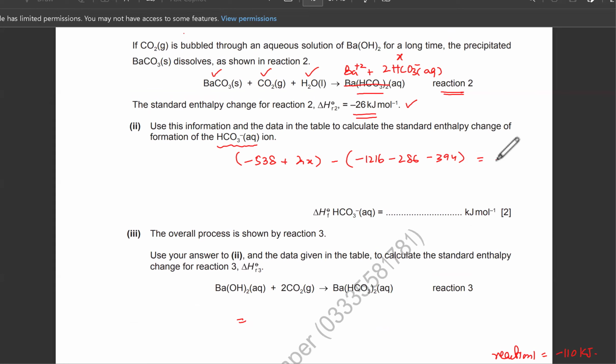The answer they've told us is going to come out to be minus 26. So quickly find out what X is. Okay, what's going to be your X? It's going to be minus 26, and then plus 394, and then plus 286.